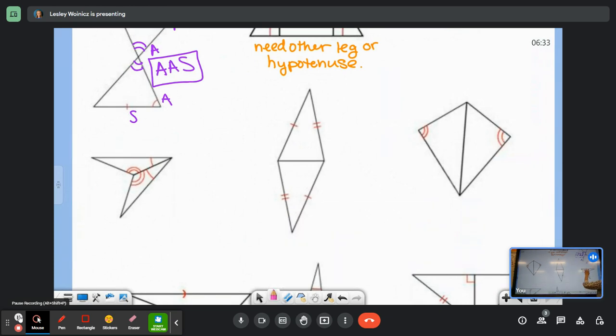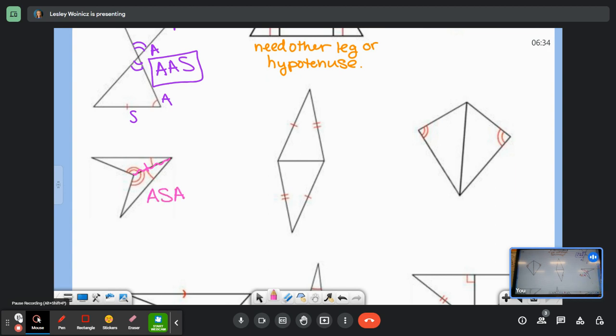Okay, these have two pairs of congruent angles marked. They also share a common side, which is congruent to itself using the reflexive property of congruence. So I mark that congruent and I say that this is angle, side, angle.